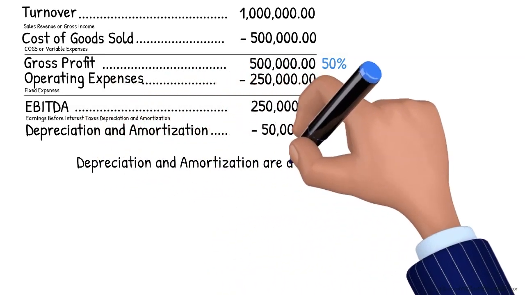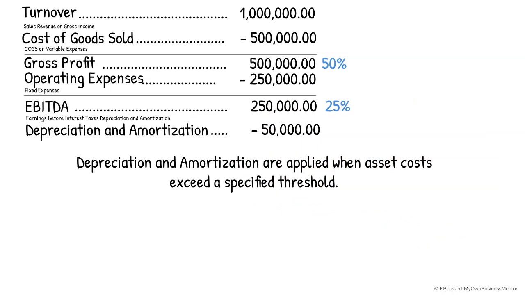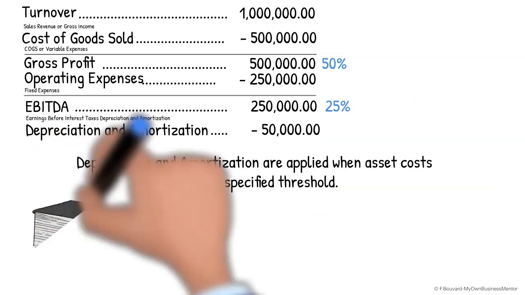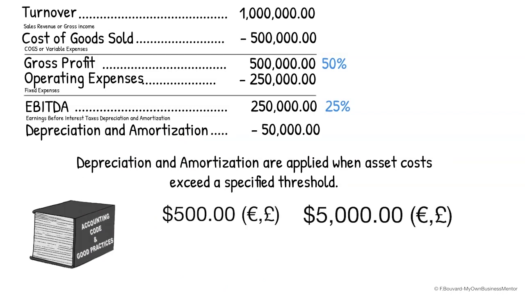Depreciation and amortization are applied when the asset's costs exceed a specified threshold. This limit, along with the depreciation or amortization period, is often guided by tax rules, though companies have some flexibility. The threshold might be $500 or $5,000, or anything in between or above. Assets above this threshold aren't treated as operational expenses but are depreciated or amortized accordingly.